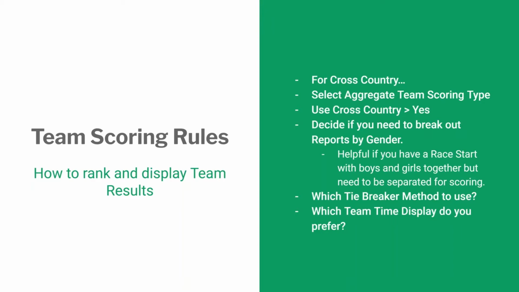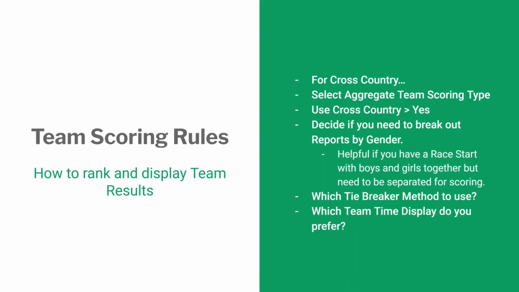Then you need to decide if you want to break out reports by gender. This is helpful if you have a race start with boys and girls that are mixed together, but you need them separated for scoring. So if you had a 9 a.m. start and it was JV boys and girls together, which we see sometimes, you'll want to use this break out by gender setting to say, okay, for this start time, I know I have a mixture of boys and girls, but I want to automatically split them by gender.